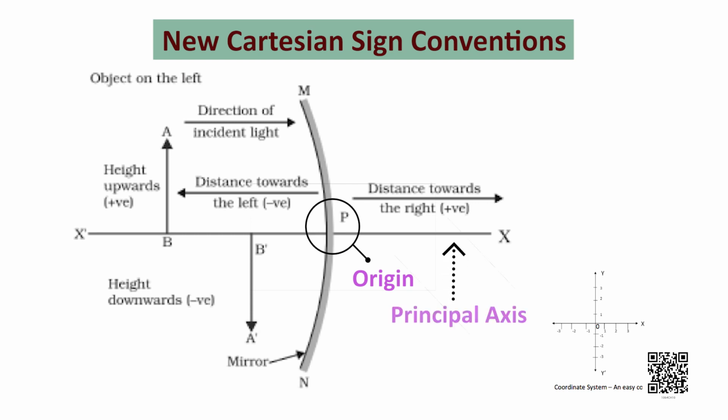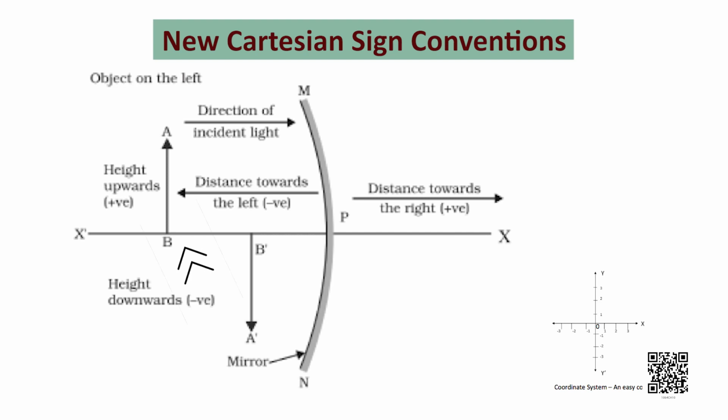The principal axis of the mirror is taken as the x-axis of the coordinate system. The object is always placed to the left of the mirror. This implies that the light from the object falls on the mirror from the left hand side. All distances parallel to the principal axis are measured from the pole of the mirror.